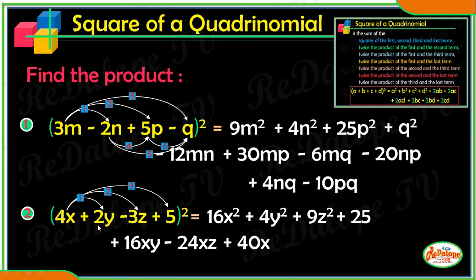And then 2y times negative 3c, so that's equal to negative 6yc times 2, so that is negative 12yc. And then 2y times 5, so that is equal to 10y times 2, so that is 20y. And then the last we have negative 3c times 5, so that is negative 15c times 2, so that is negative 30c.